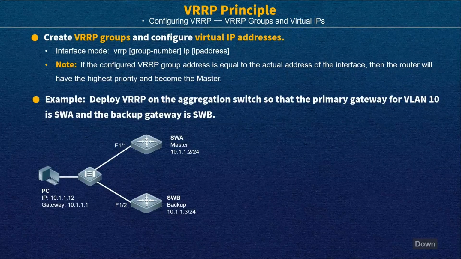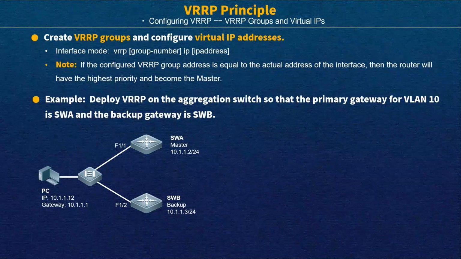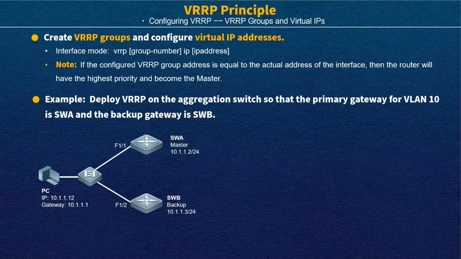And here is an example. We have one PC, one access switch, and two layer 3 switches that can become the gateway of the PC. We have to deploy VRRP on the aggregation switches. So the primary gateway of VLAN 10 is switch A, and the backup gateway is switch B. And now we already know the IP addresses of switch A and switch B, right?